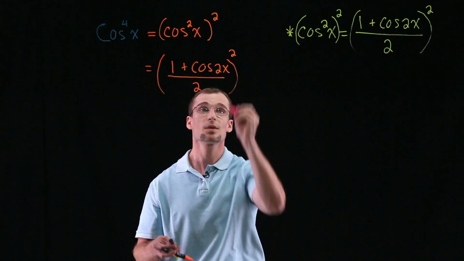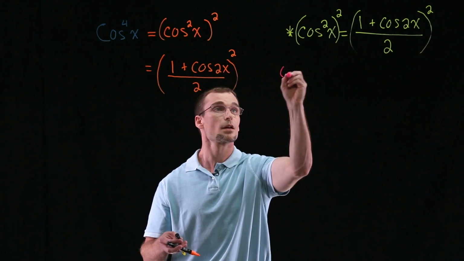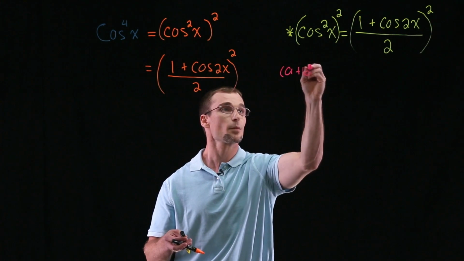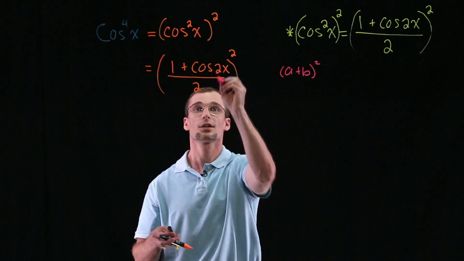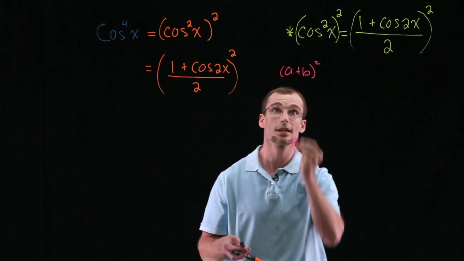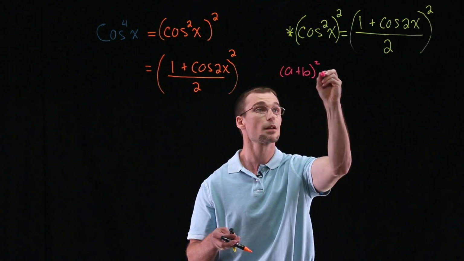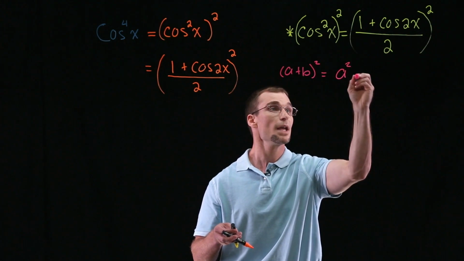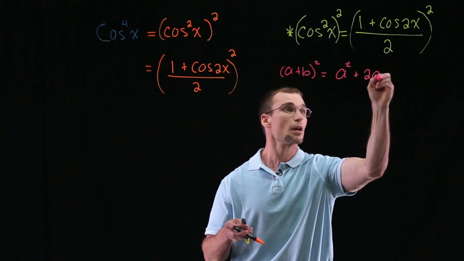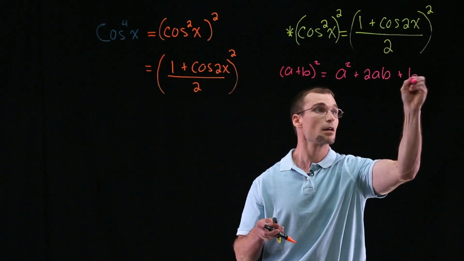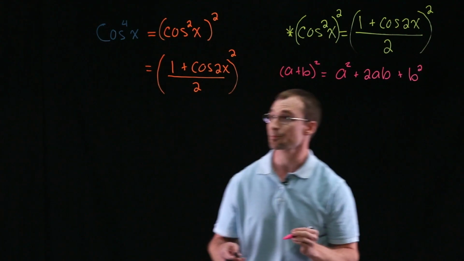And so we're going to square out top and bottom, and noting a little formula from algebra that we're going to use. We have 1 plus cosine 2x quantity squared. That's the same as a plus b squared, which is equal to a squared plus 2ab plus b squared.